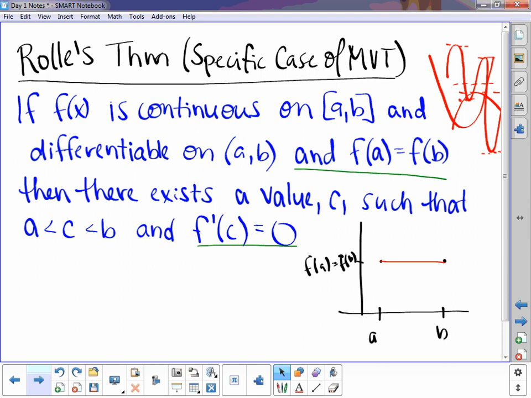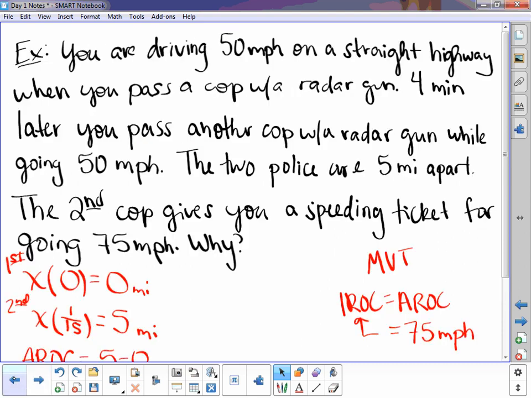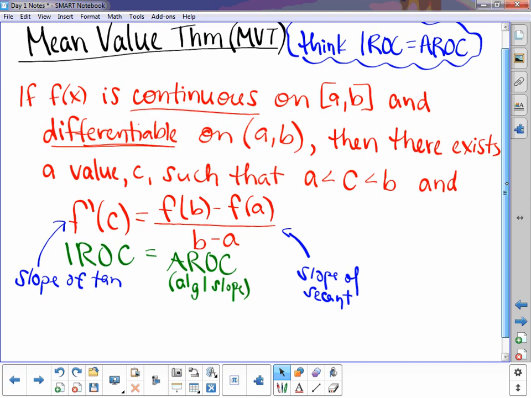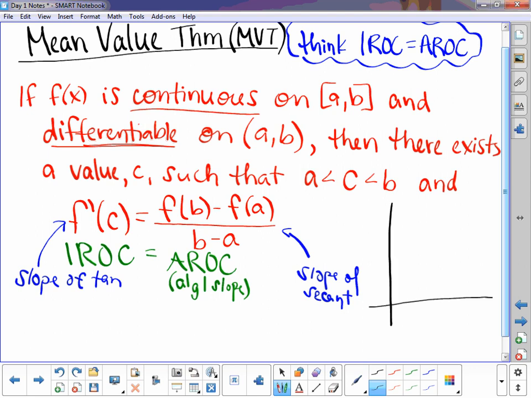I realized when we drew this picture that I never had you draw a nice picture for mean value there. So let's draw a picture for that. Even though you did it a million times in exploration. Alright, so mean value theorem, we need to have a continuous and differentiable curve, so draw whatever you like.